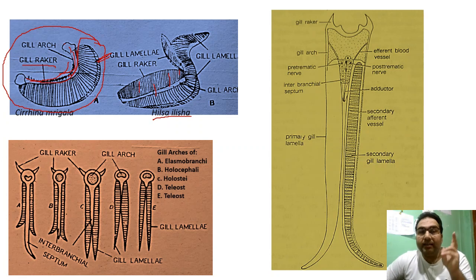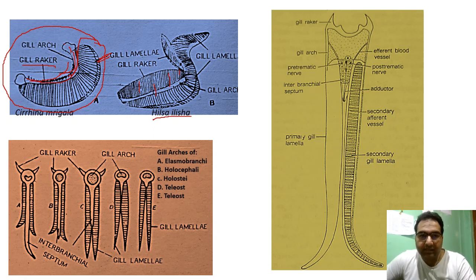And secondly, the gill rakers prevent some particles which are very injurious to the gill filament from entering towards the gill filament, so that they protect the gill filaments. So gill arch, gill rakers, and then on this side, minute vascularized filamentous structures, we call them the gill lamellae or gill filaments.